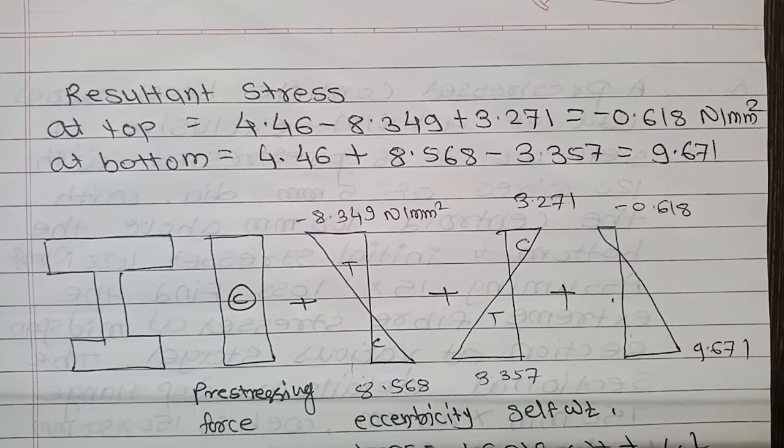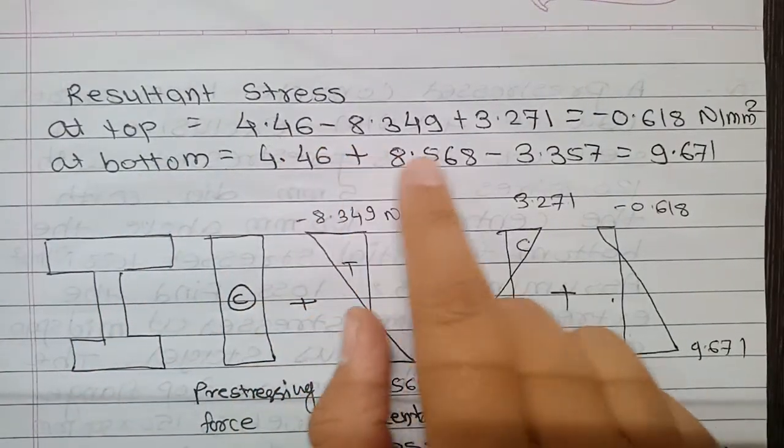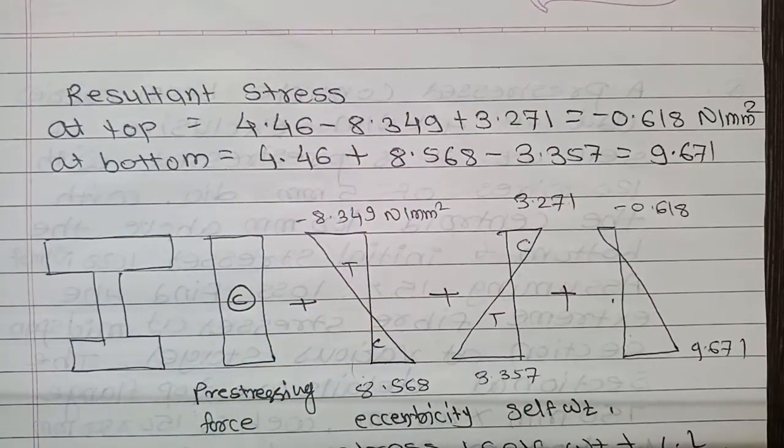Add three values, stress due to pre-stressing force at top, stress due to eccentricity at top, and stress due to self-weight at top, that is 4.46 minus 8.349 plus 3.271. We got the answer minus 0.618 Newton per mm square.